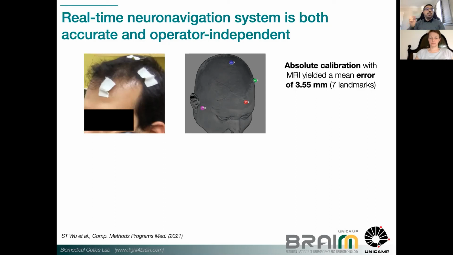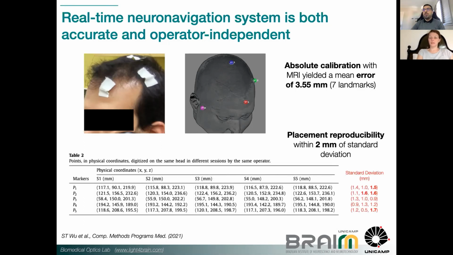We see that the digitizer algorithm, the neuronavigation system, has an error of about 4 millimeters, which is good for us, considering the spatial scales that we use in NIRS, right? And one issue that can come up is registering the landmarks, so we can be subject sensitive.